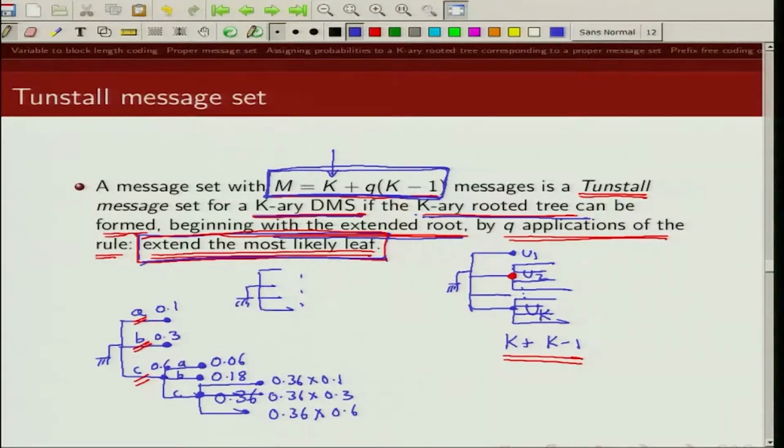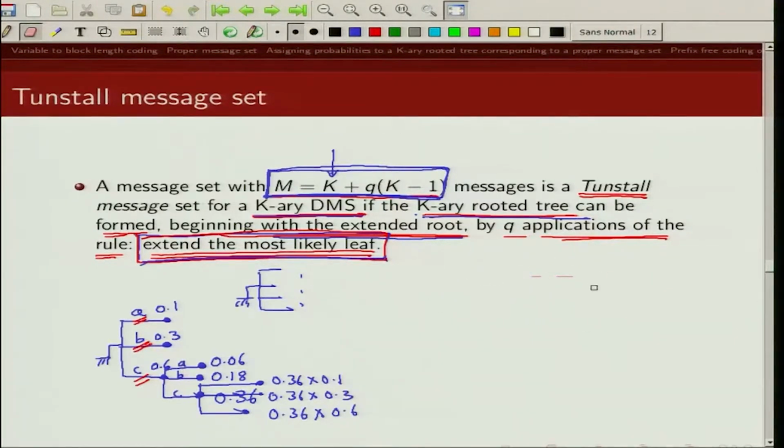Now let us take an example of a non-Tunstall message set. Let's just take the same example. I have a message U which emits ternary alphabets A, B and C with probability 0.1, 0.3 and 0.6.